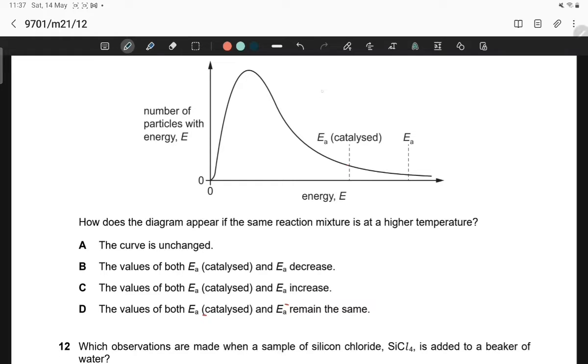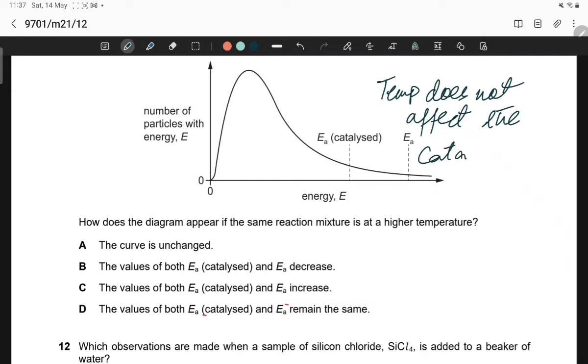So we know that temperature does not affect the catalyzed or uncatalyzed reaction.